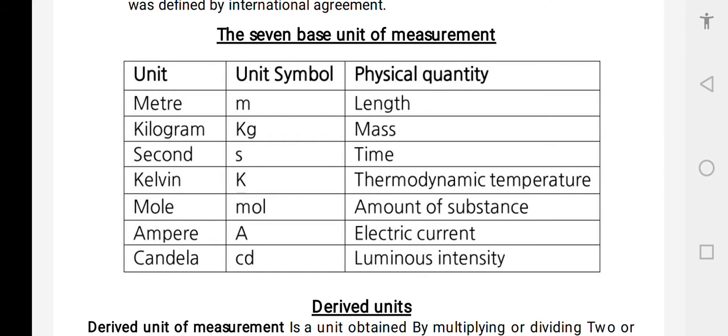Now, this is something which looks very clear, but you really need to understand. Length is measured in meters, and the symbol for meter is a small m. So you really need to know the quantity, the unit, and the symbol.